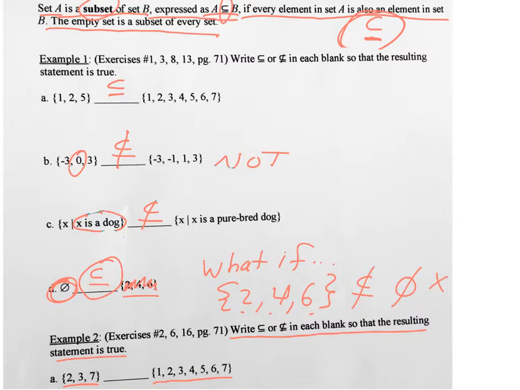Is everything you see on the left somewhere on the right? Well, 2, yep, it's on the right. 3 is on the right. 7 is on the right. Yay! Order inside the set doesn't matter. Just what's around the subset symbol matters order-wise. So yes, this is a subset. The set of 2, 3, 7 is contained in the set of 1 through 7.